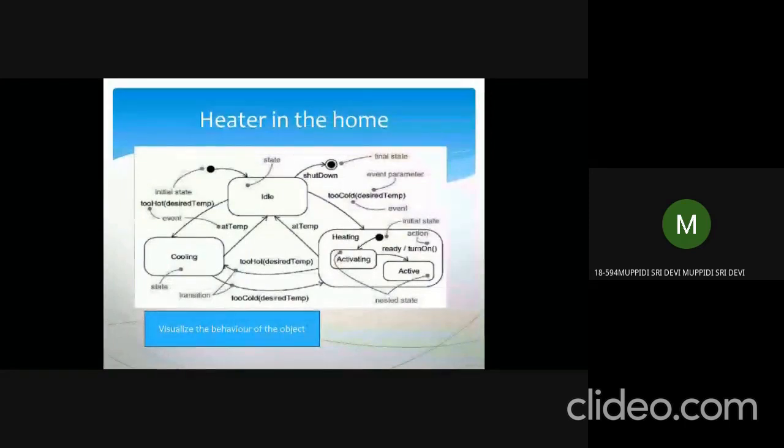What is this transition responsible for? It is responsible for changing the state from activating to active state, right? So these are internal transitions. The transition which is a solid directed line present in the heating state is an internal transition.